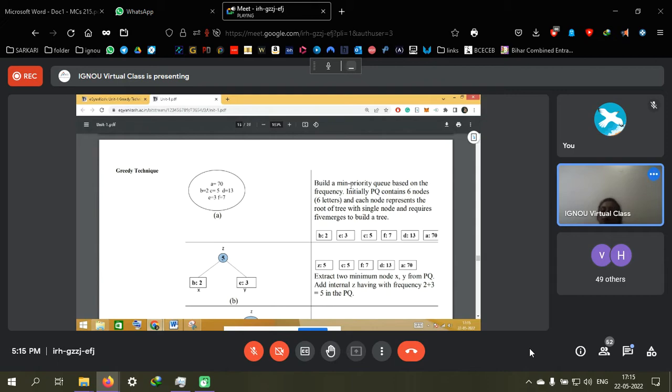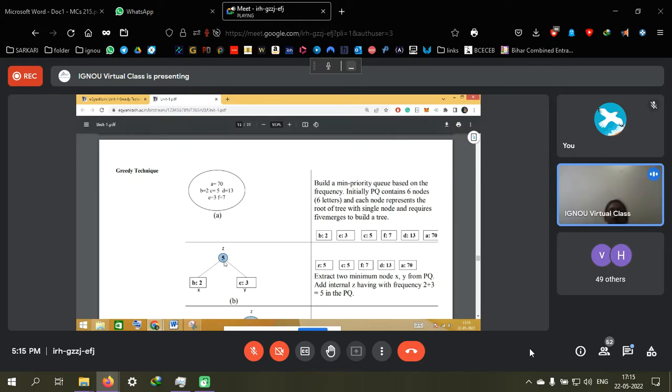Build a minimum priority queue based on the frequency. So I write all these values in ascending order: 2, 3, 5, 7, 13, and 17. Now I add the two smallest values, 2 and 3, and the addition of both is 5.